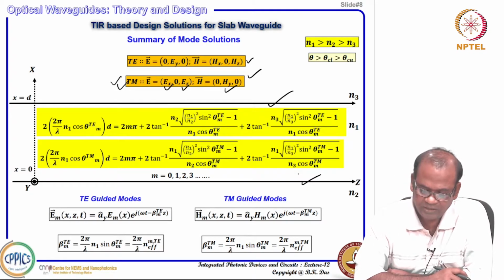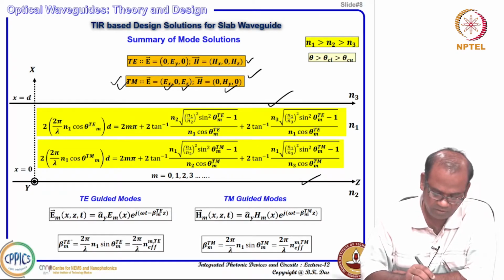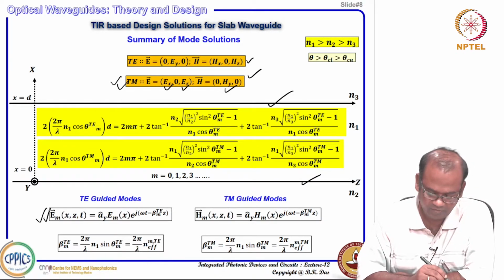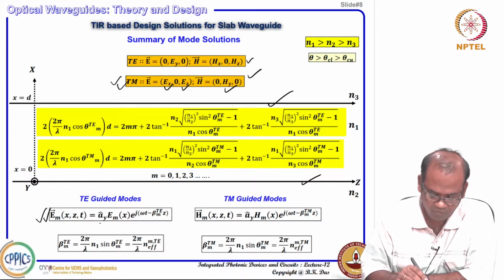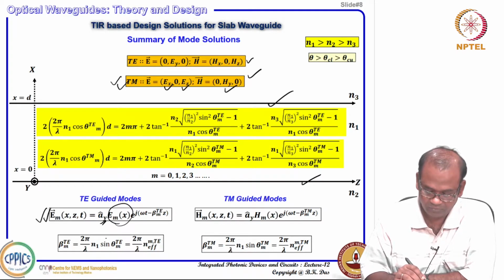So, if this is the condition, then we know that TE guided modes can be expressed: the electric field has only a y component and an x dependent confinement, okay, and e to the power j(omega t minus beta_m,TE z) is the field.